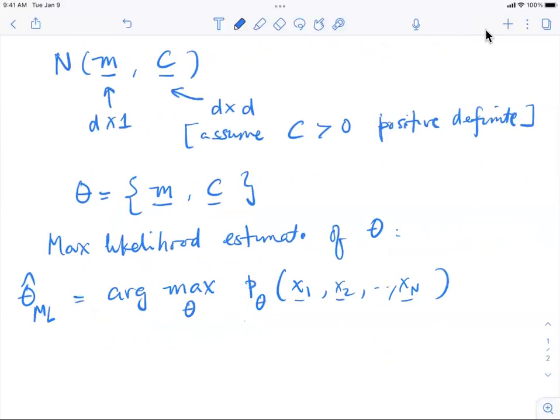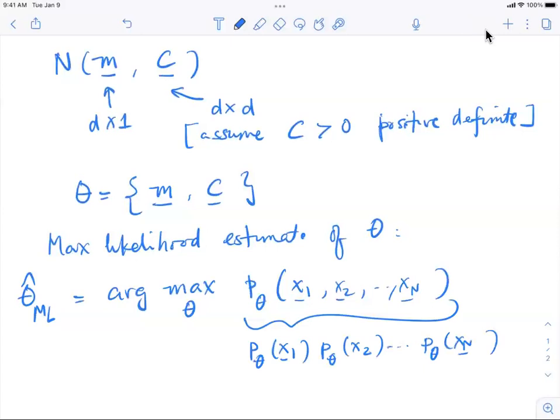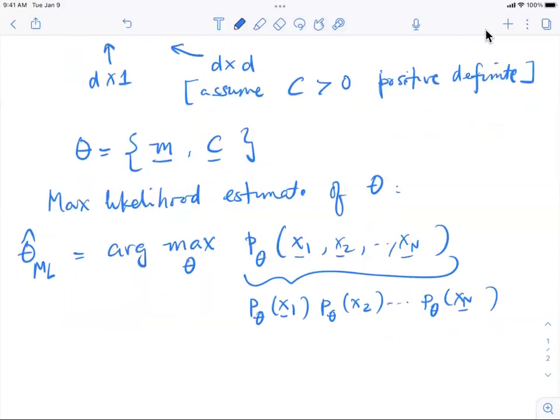And since these are IID draws, we can write the joint density as a product of the marginals, right? And the moment you have that, it makes sense to take a log so that the product becomes a sum.